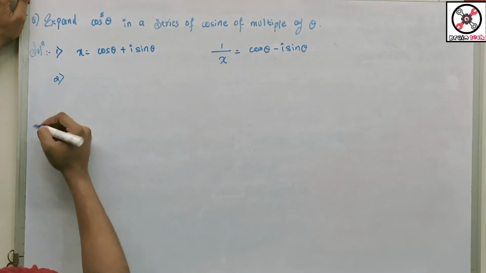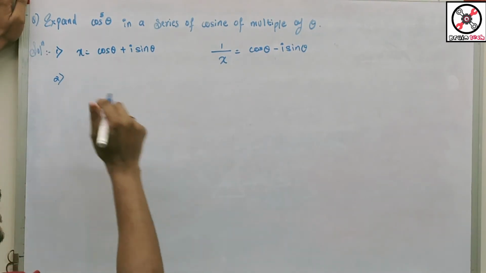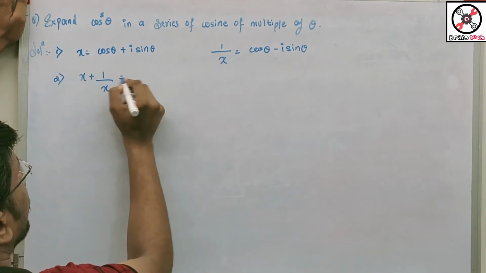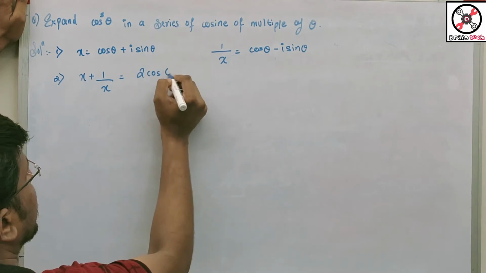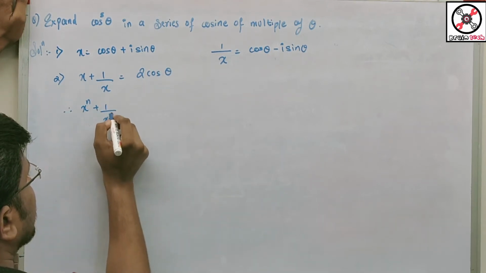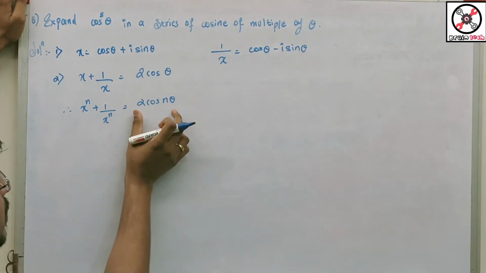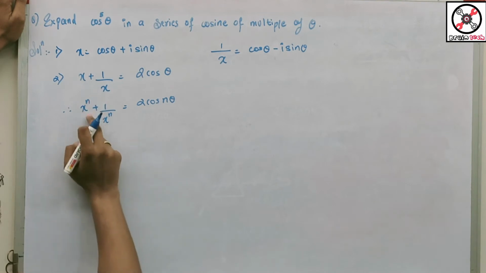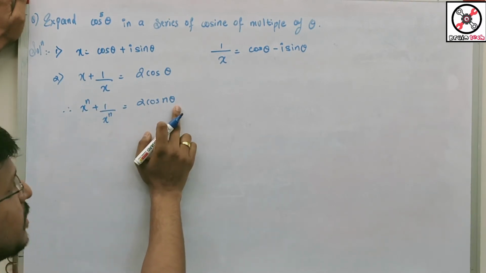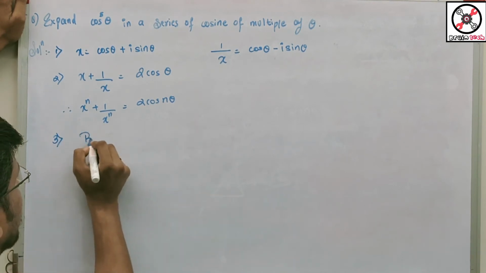Your second step, you can directly write it: this is a cos term, which means you will add. So x plus 1 by x will be 2 cos theta. Therefore, if it is x raised to n plus 1 by x raised to n, then it is 2 cos n theta. So remember this: if it is x raised to 5 plus 1 upon x raised to 5, then it will be 2 cos 5 theta. I've directly used this; next is the binomial theorem.